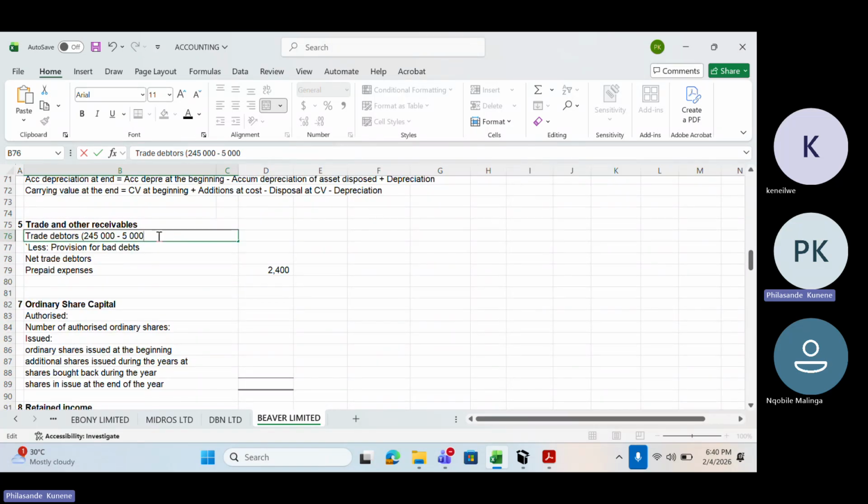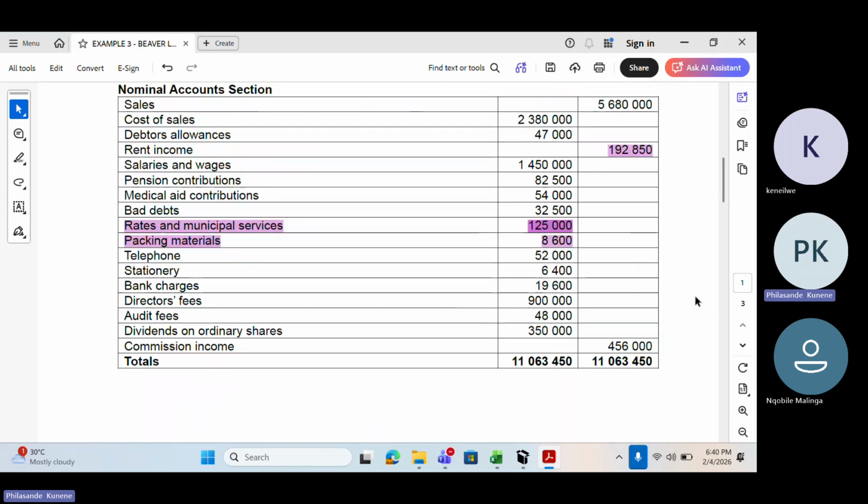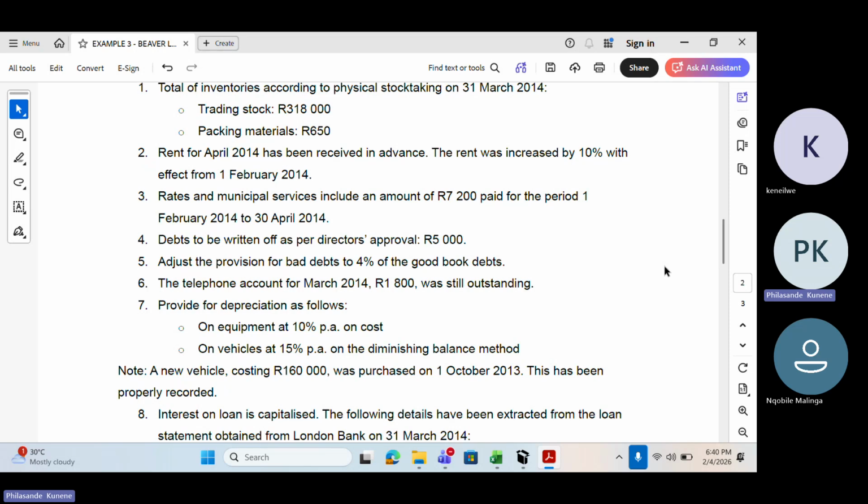And then how much am I going to get as part of my trade debtors? 245,000 minus 5,000, I'm going to get 240,000 rands. Are you guys happy with this one? This is our trade debtors. You must always take out the bad debts that have been written off. Then now you go to your next transaction. This is number 4. We have dealt with it in both the income statement and the balance sheet.